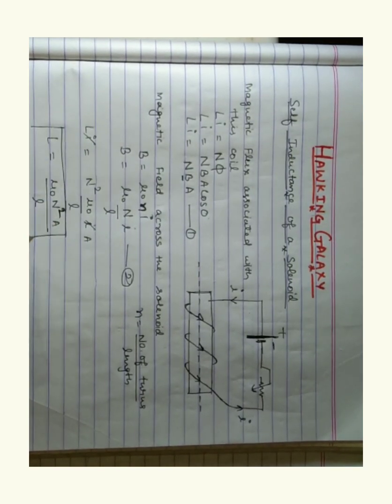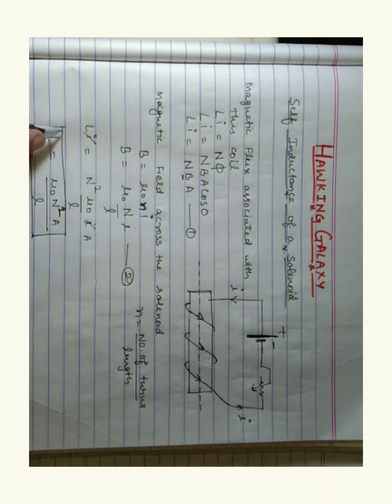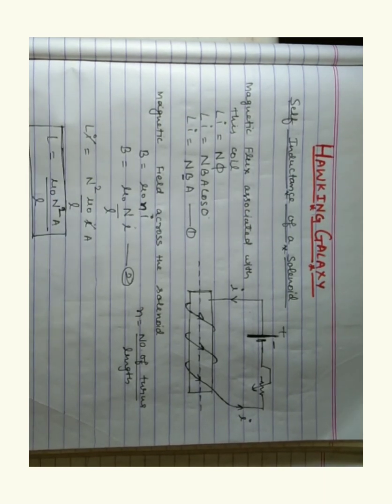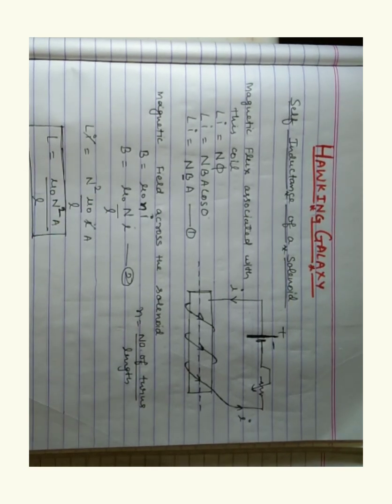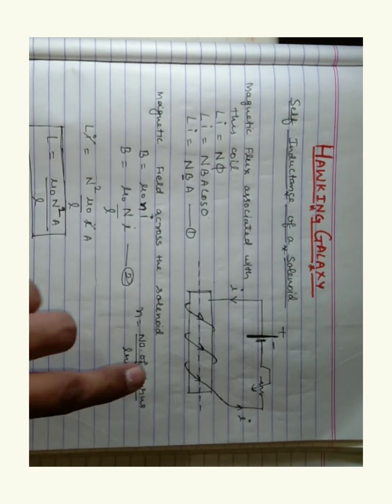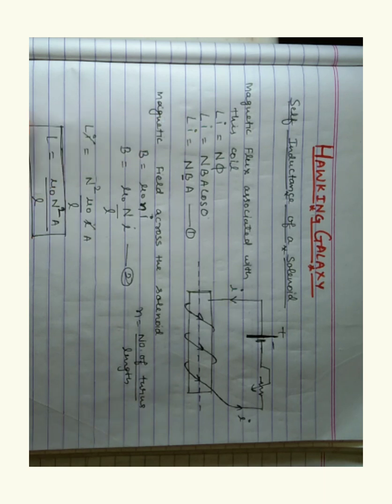This is the self-inductance of a solenoid, where N is the number of turns, mu naught is the permeability, A is the area of the coil, and l is the length of the solenoid.